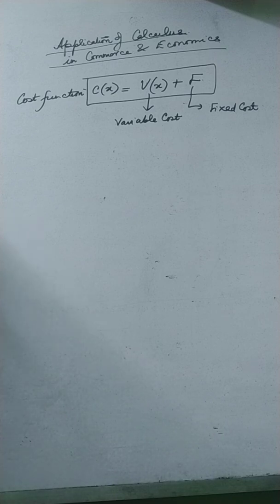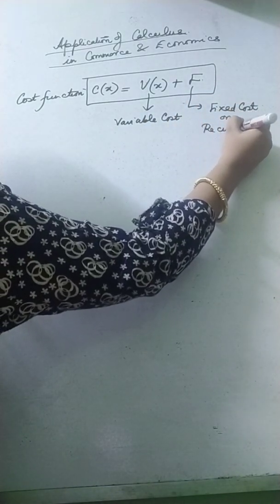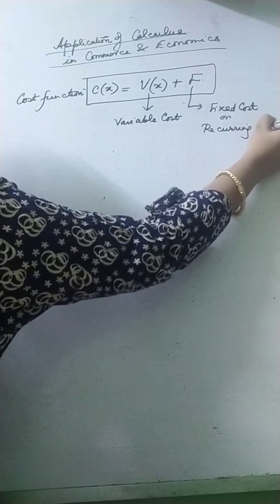For example, there will be some amount of electricity expenditure. Rent is a kind of fixed cost, because even if, especially if it is not your own establishment, you will have to pay a certain amount of rent, which is a recurring cost. And so fixed cost is also termed as recurring cost.